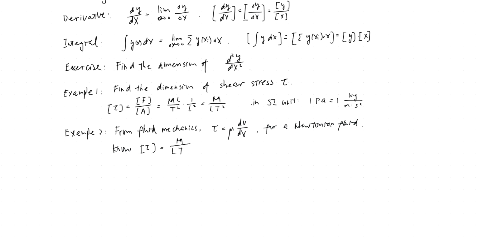And we also know that the dimension of velocity is length per unit of time, and the dimension of x, the x coordinate, is length. Now let's find the dimension of the dynamic viscosity mu.